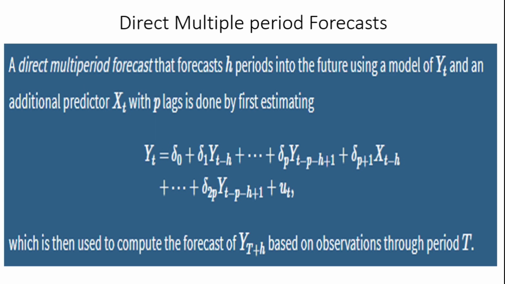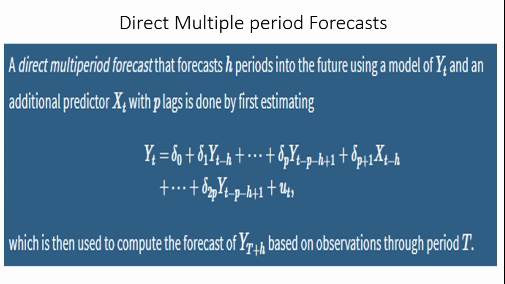In sum, it is done by first estimating our variable YT in function of previously observed variables in the manner that you can see on your screen, which is then used to compute the forecast of y at period t plus h based on observations through period t.